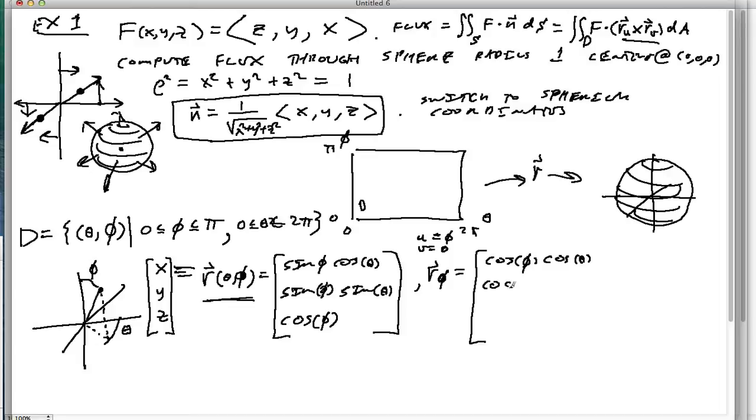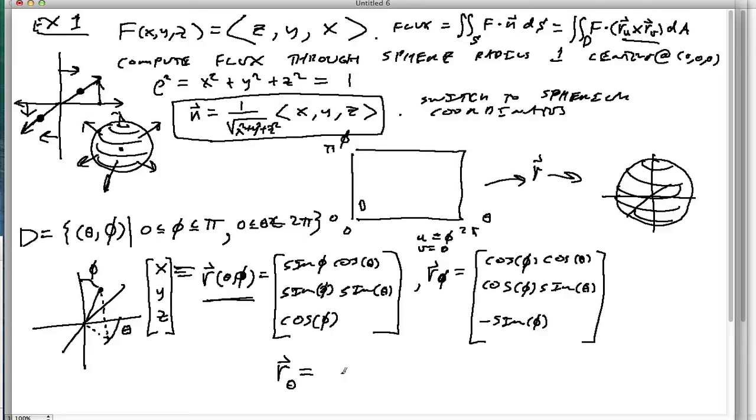And for the second, for the y coordinate, it's going to be cosine phi. We're just taking the derivative of sine, and then we'll multiply that by sine theta. And then finally, that'll be negative sine phi. Okay, looks good there. Now we have to do R theta.